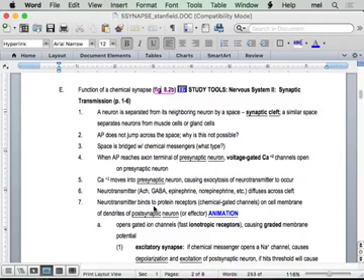Okay, so the space is bridged with chemical messengers, and the chemical messengers in this particular story are what kind? Acetylcholine is specific, but what are they generally? They're neurotransmitters. But let me back up and make you tell me what two criteria you have to meet to be a neurotransmitter.